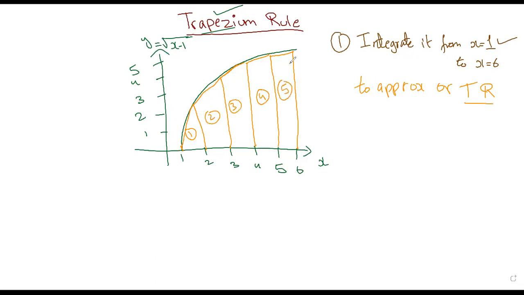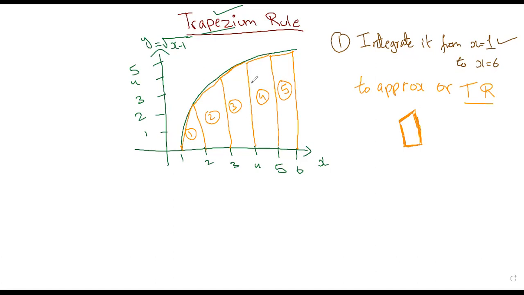This is what a trapezium looks like: we have a straight line, two lines that are parallel to each other, and a line connecting these two parallel lines, but it is a slanting line.